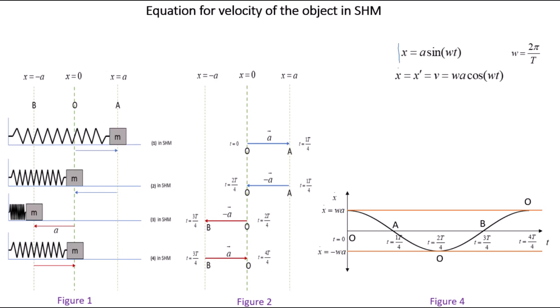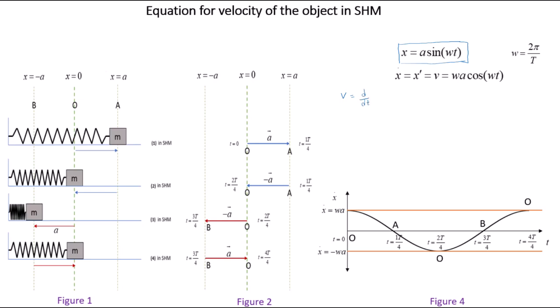We need to analyze if this equation x equals A sine omega t is good enough to also give us a calculation for the velocity, and whatever value we get from this function for the velocity should match with the practically observed value. Before we go into the graph, I need to explain that velocity is the time derivative of the displacement.